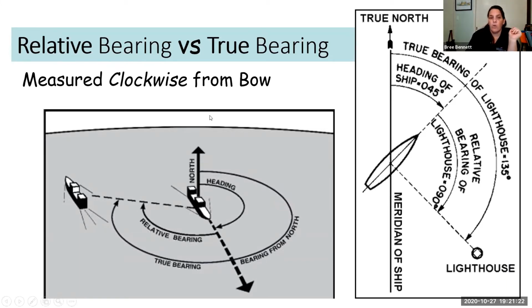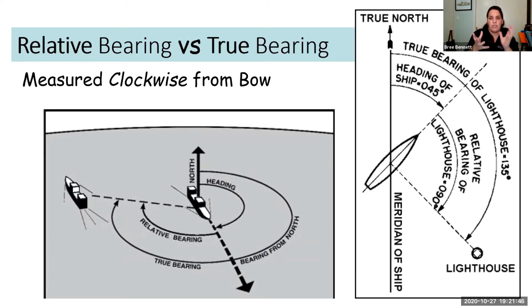Now, when we look at relative bearings, we change that reference point or that datum, if you will, to our heading. So a lot of times people will say something's at 3 o'clock or 2 o'clock or 11 o'clock, kind of use that time for bearings around a boat.